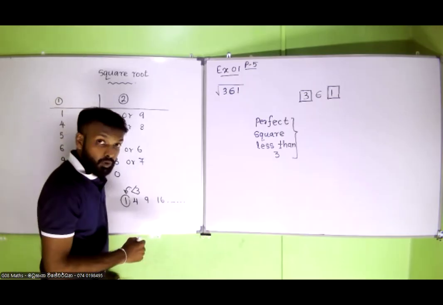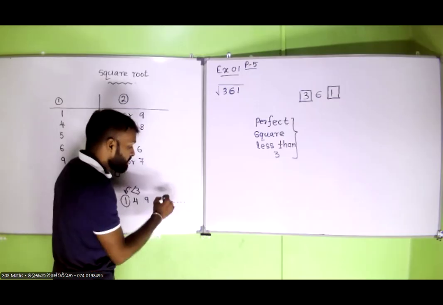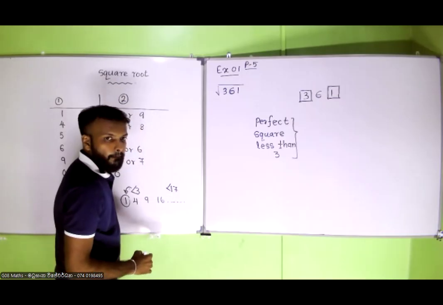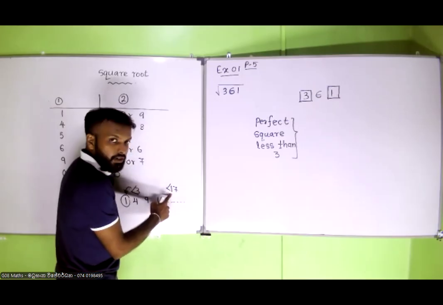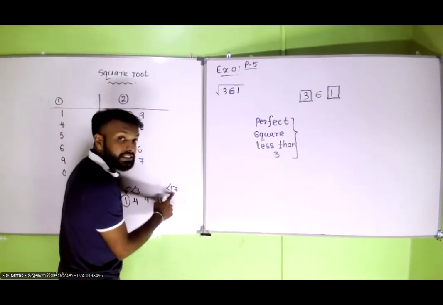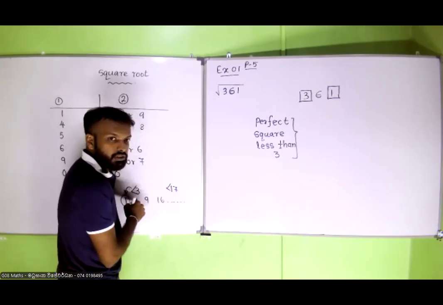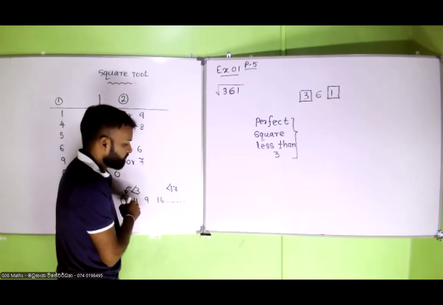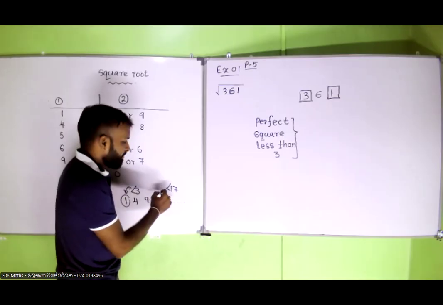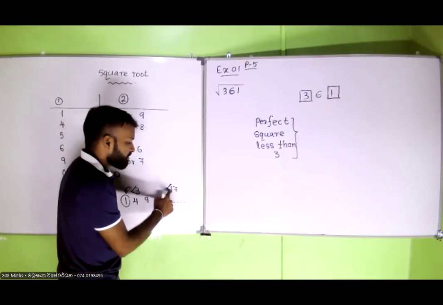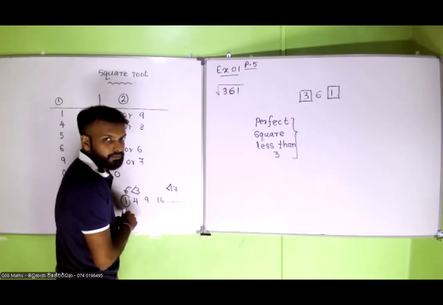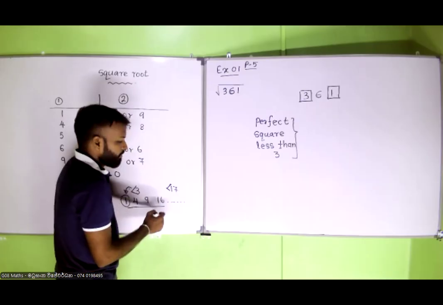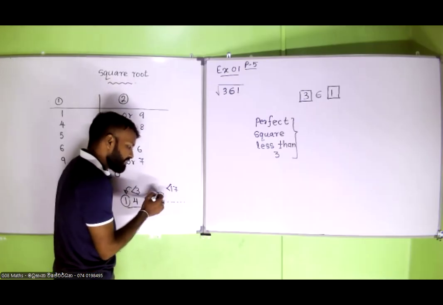If someone asks you, what is the perfect square less than 17? The closest one is 16.